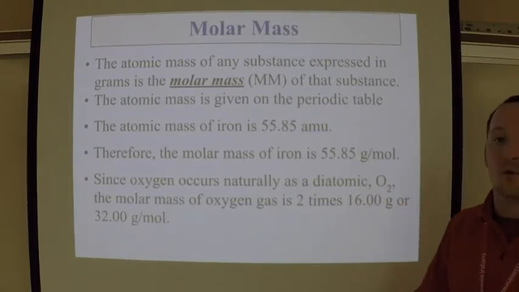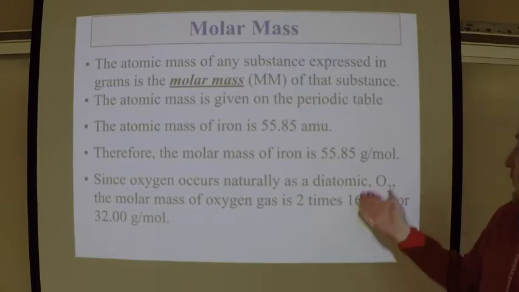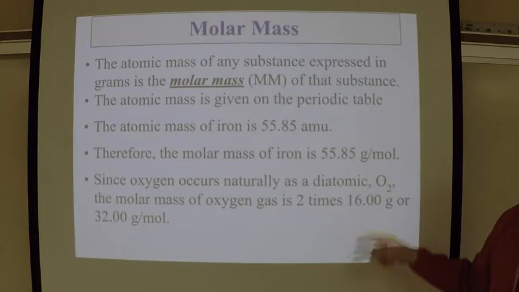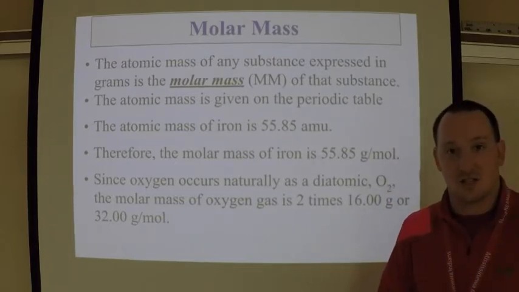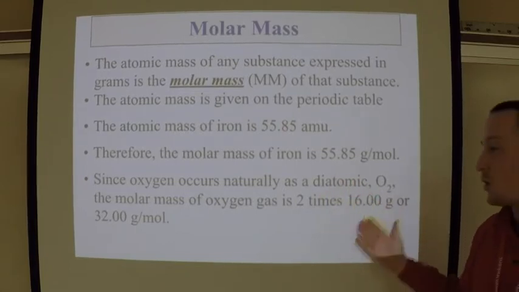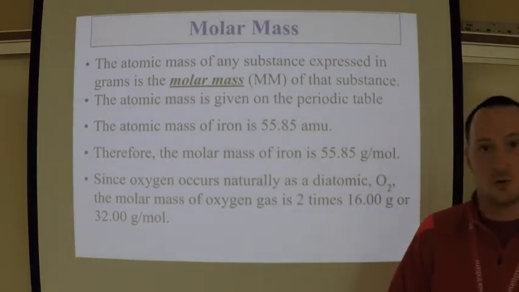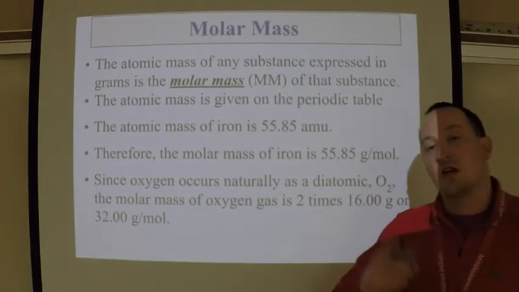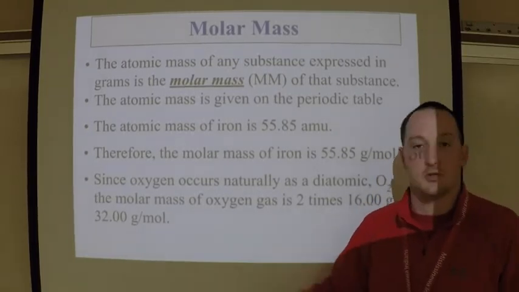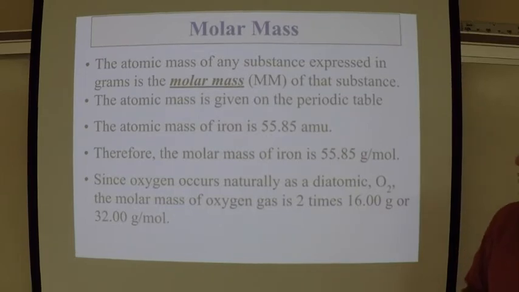So if I wanted to find the molar mass of O2, I would take 2 times 16, because every oxygen has a molar mass of 16 grams, but because I have 2 of them, I would do 16 times 2, which would give me a molar mass of 32 grams per mole. In other words, if I had 1 mole of O2 molecules, it would weigh 32 grams.